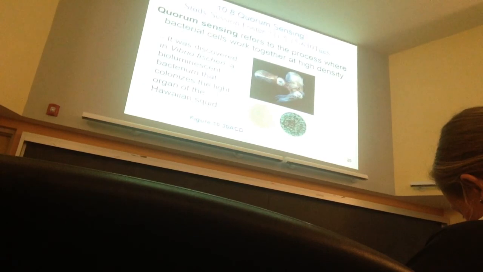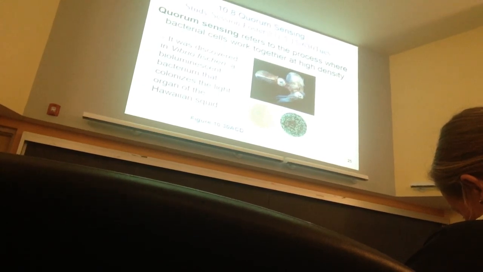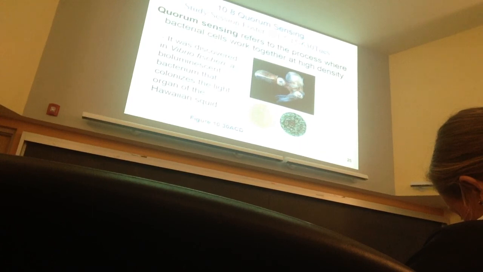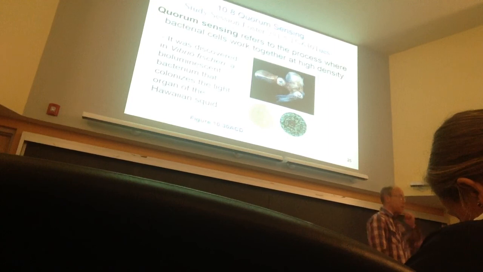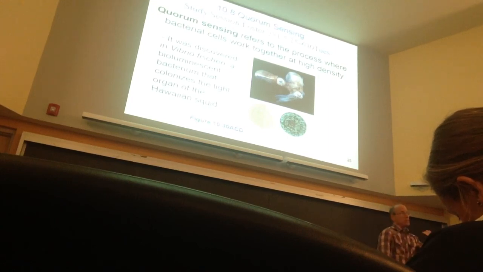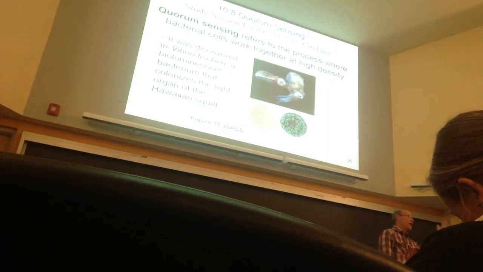So these are genes that are only turned on when the cell reaches a critical threshold high density, discovered in Vibrio fischeri. Dr. Castillo and Dr. Nishiguchi are two professors that study this symbiosis between the fluorescent light-producing bacteria and the squid.